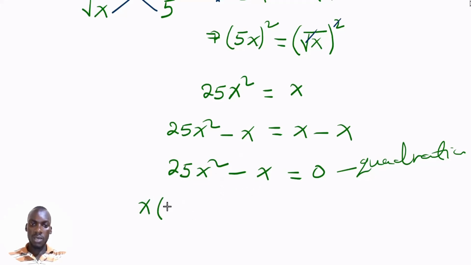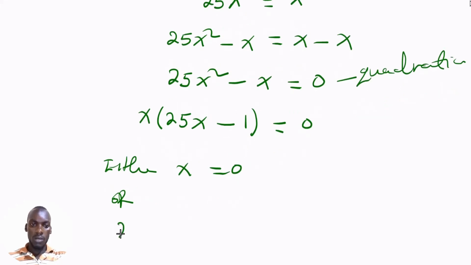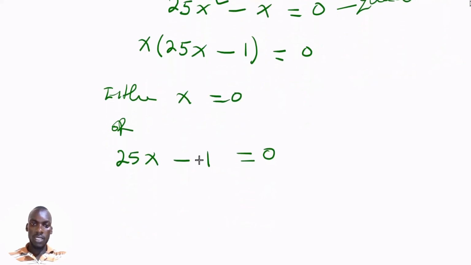Then here we remain with 25x minus 1, because the x has been factorized out, being equal to 0. So here we can now say that either x equals 0, or 25x minus 1 should be equal to 0. Now we take this negative 1 to the right hand side, and it becomes positive as it crosses the equal sign.